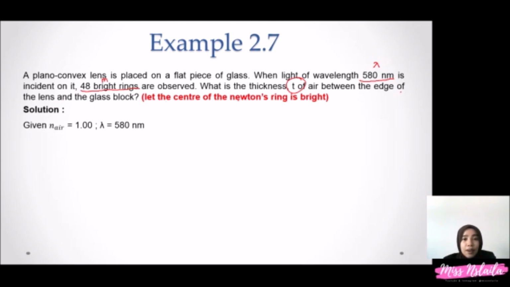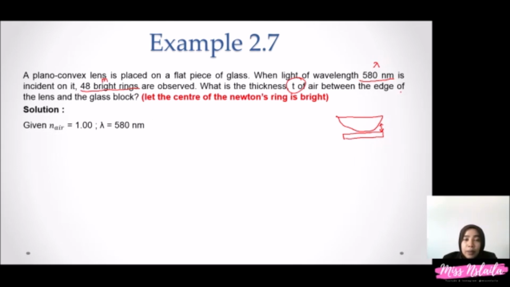Let the center of the Newton's ring be bright. So if the center is bright, it means that there will be a little bit of air gap in between the plano convex lens and also the glass surface. And we want to find the thickness t of air in between these two glass.